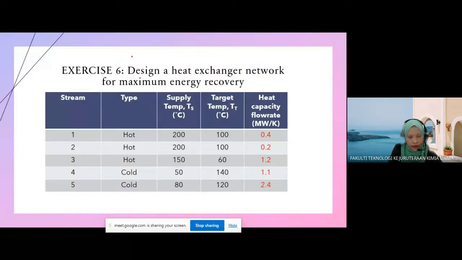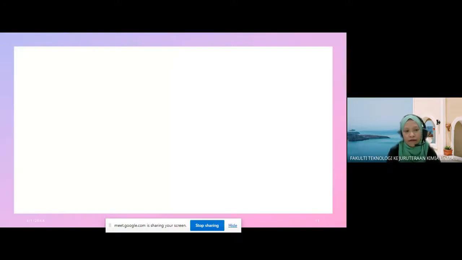Okay, now looking at this question, you can expect there is stream splitting, because the hot stream is greater than the cold stream. Like the first question, you have 2 hot streams and 2 cold streams, right?